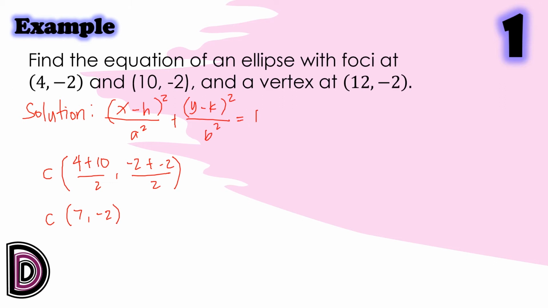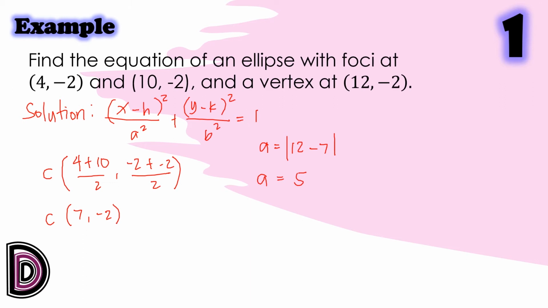a is equal to the distance between the center and the vertex. Since the center and the vertex (12, −2) have the same y-coordinate, a is equal to the absolute value of the difference 12 minus 7. Therefore, a is equal to 5.